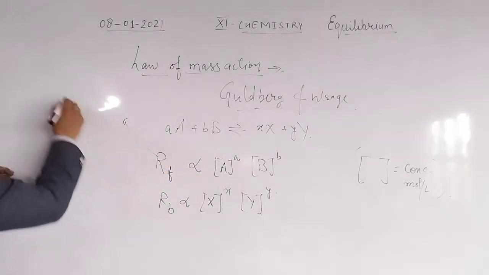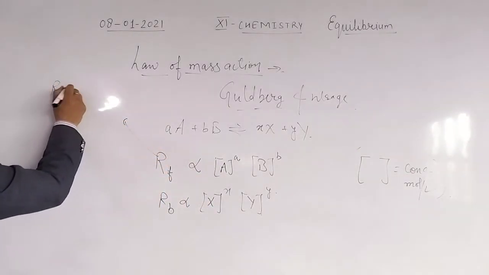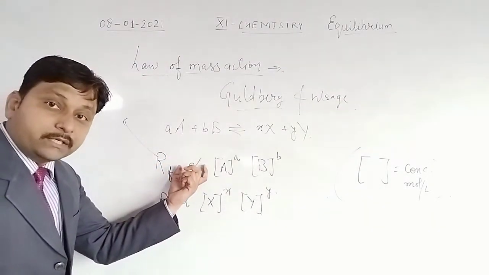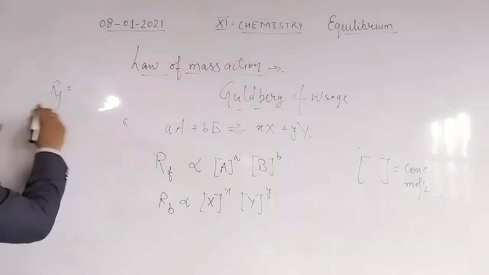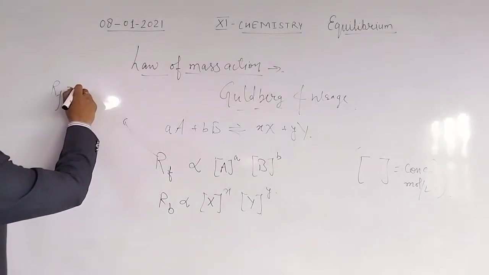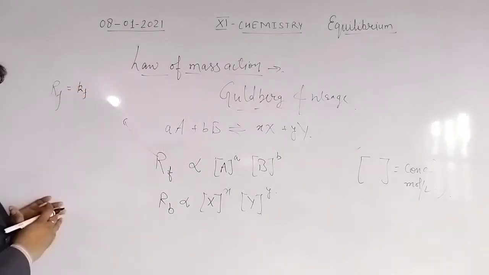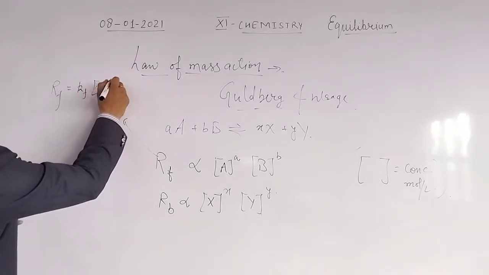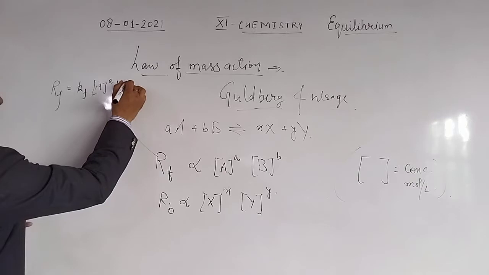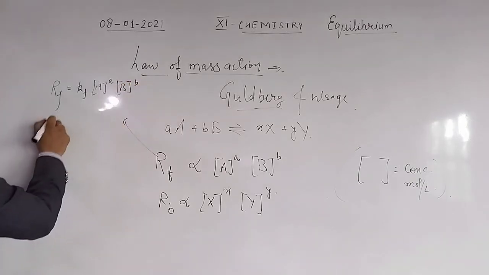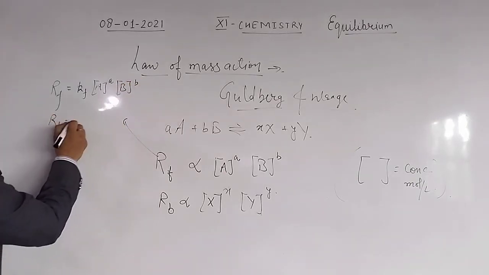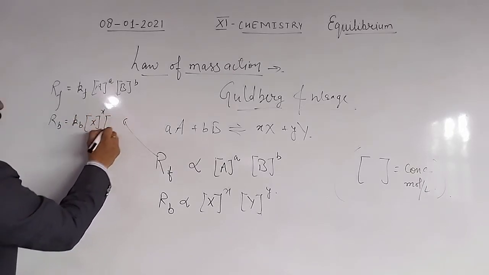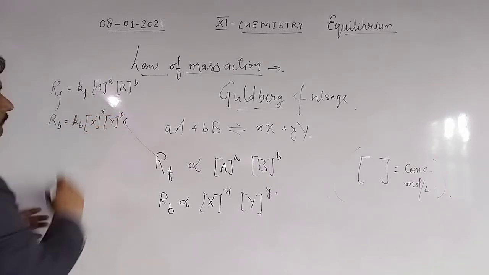If we eliminate this proportionality, we write another constant, known as suppose Kf. So Rf is equal to Kf multiplied by [A] to the power a and [B] to the power b. In the same way, Rb is equal to Kb [X] to the power x and [Y] to the power y.